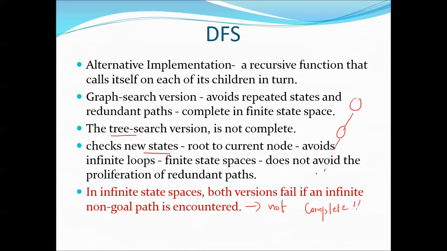They will keep on checking this path, and they will never come to the path where there is a goal. I think you are following. So basically, both versions are not optimal. The graph search and tree search, both are not optimal.